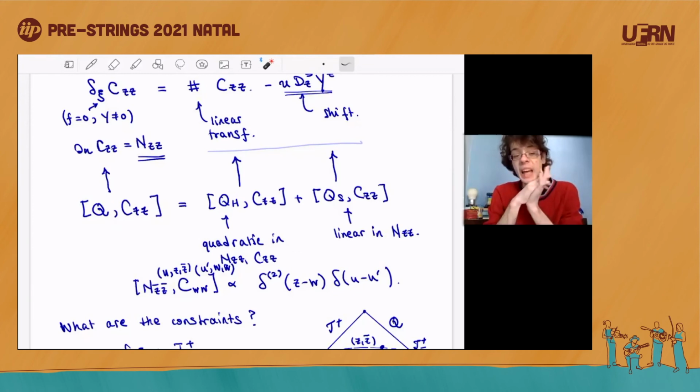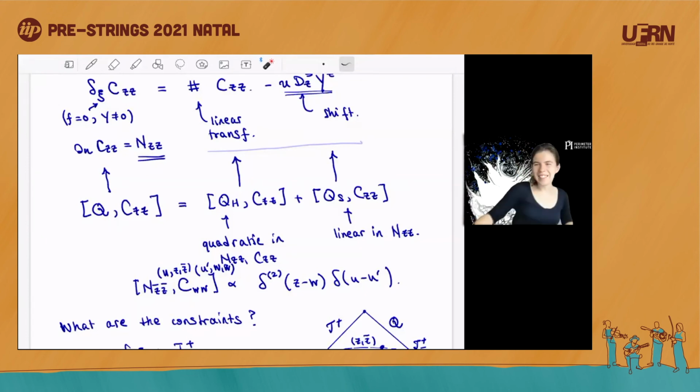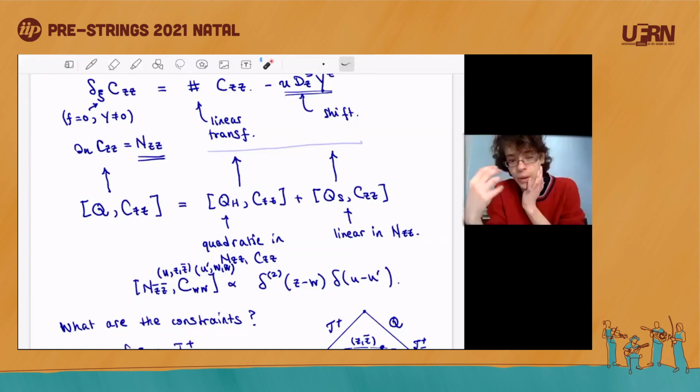So I took the liberty of sending to the chat a paper by Bosso and Pinamonti. I think they articulate my question in a more formal way. Maybe I can create a thread in the Slack to discuss this in more detail.